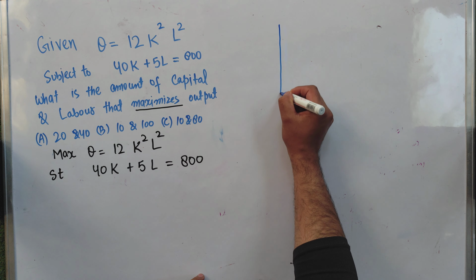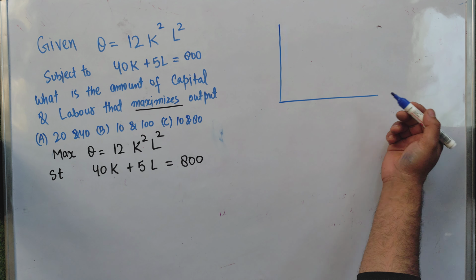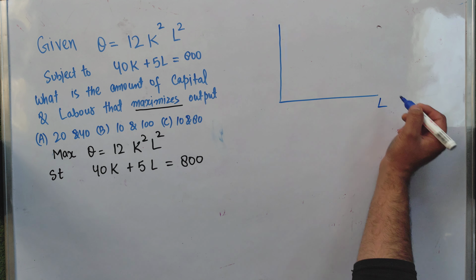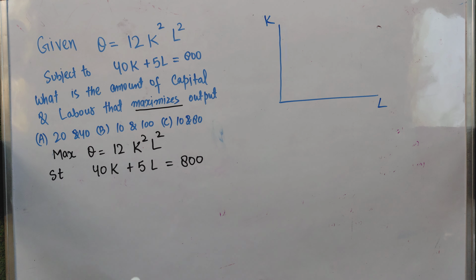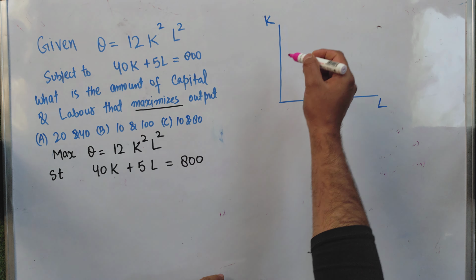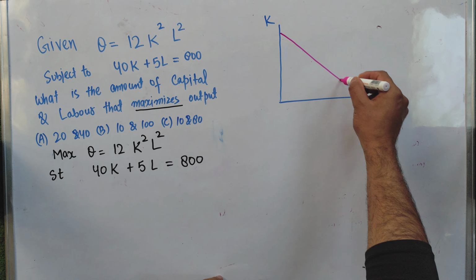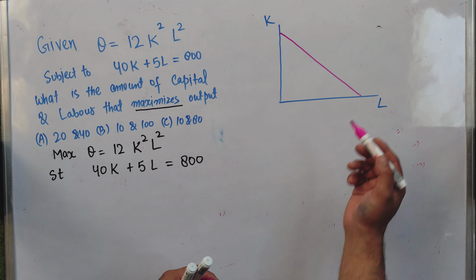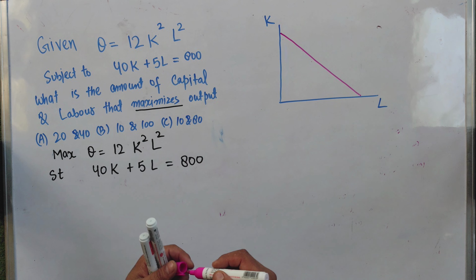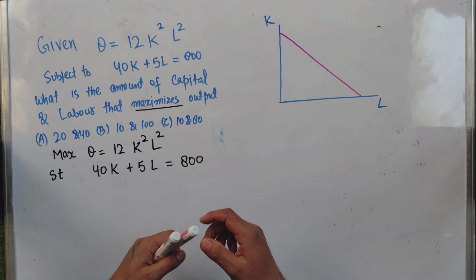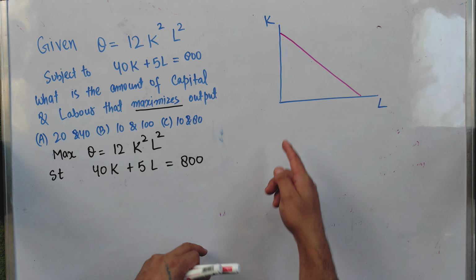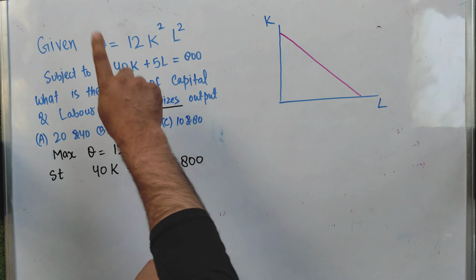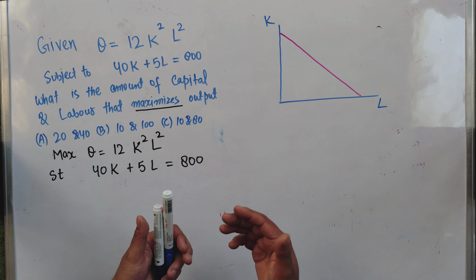Graphically, what exactly is meant by this? If I draw the units of labor on the horizontal axis and units of capital on the vertical axis, and draw our production constraint, it is denoted by this line. With the given production constraint, the firm will try to produce at a point where the production constraint and the isoquant are tangent to each other.